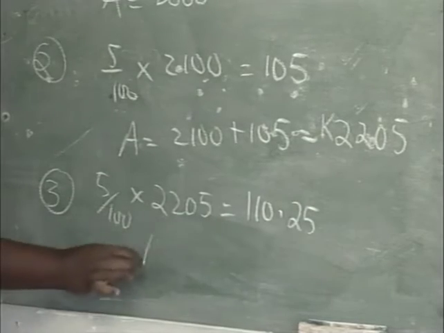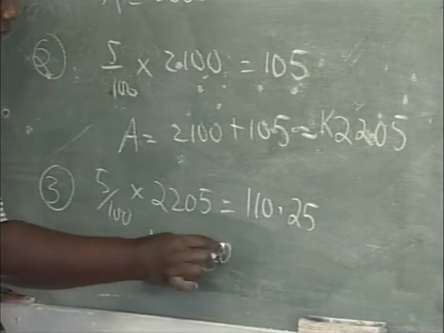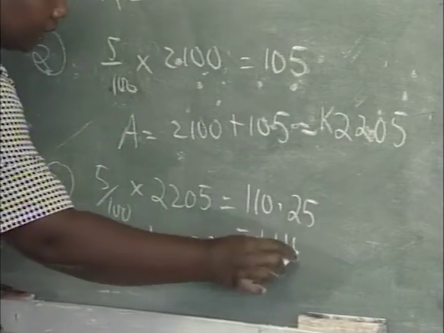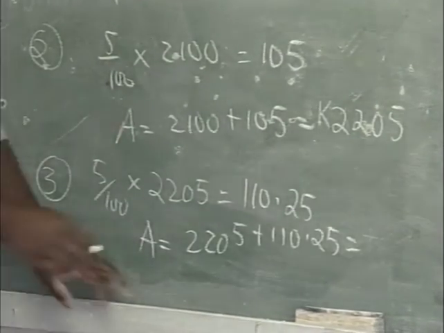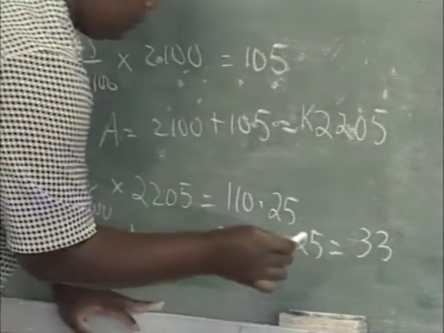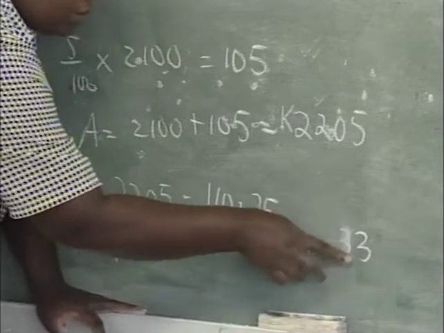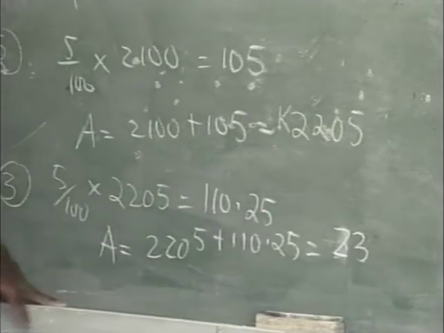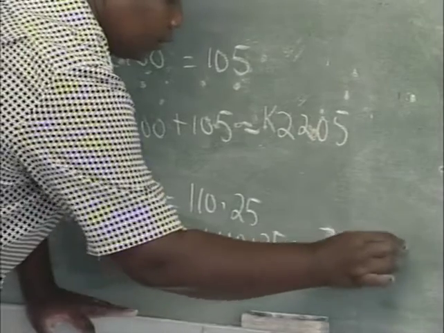So after 3 years, you will have 2,205 kina plus 110 kina, 25 toya in the bank, which is 2,315 kina, 25 toya.